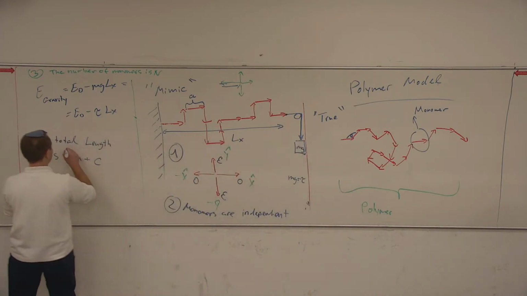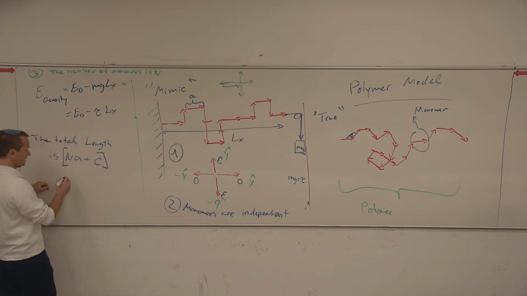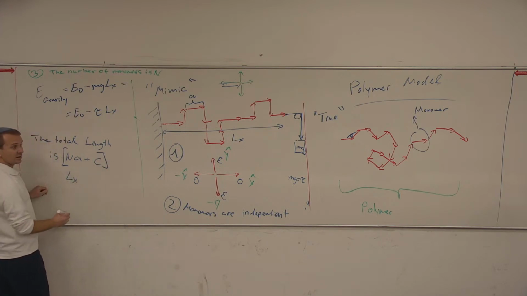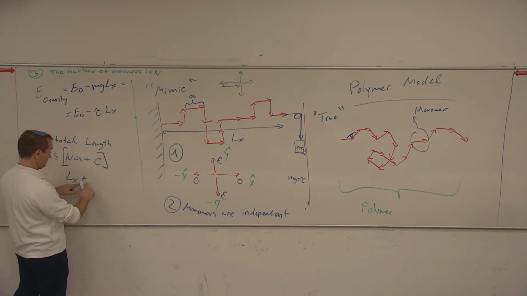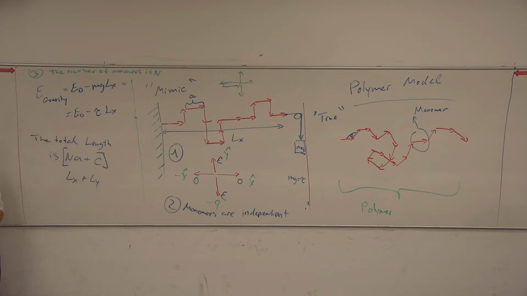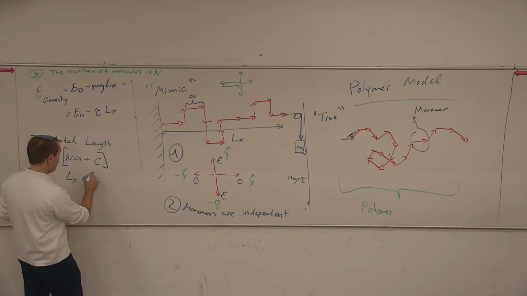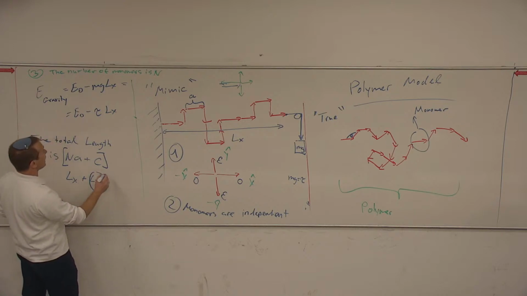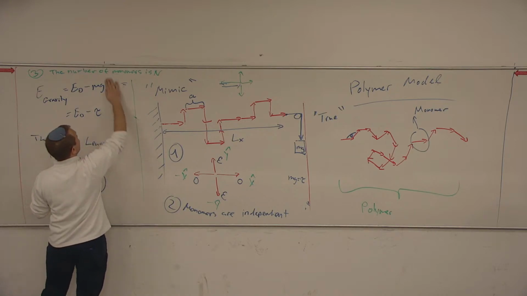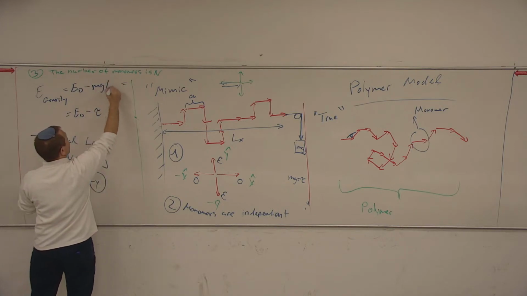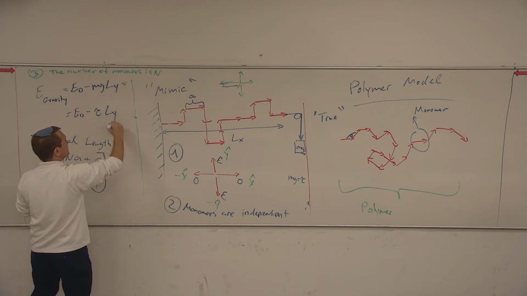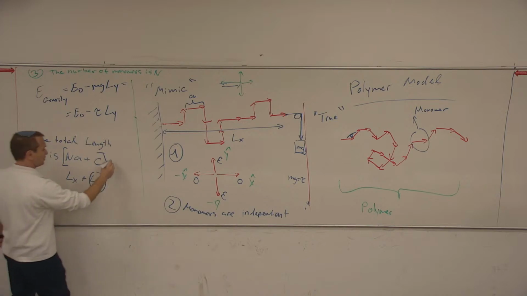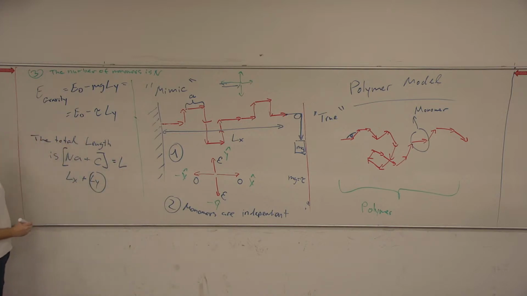This guy is Lx plus Ly. Right? So I have to put here minus Ly. But this is L and this is constant.